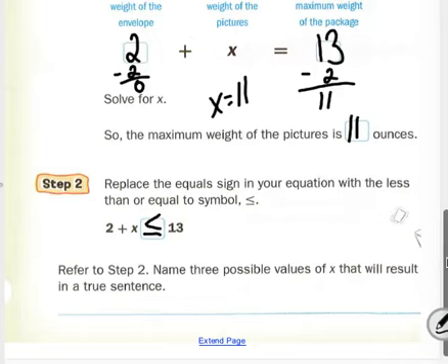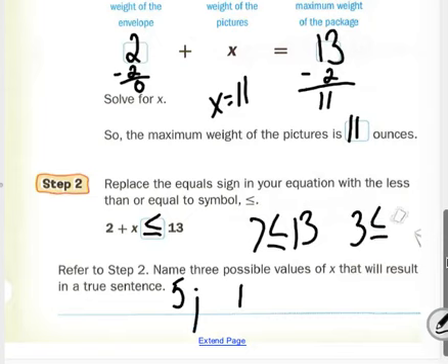For example, we could say that 5 would make that true. 2 plus 5 is 7, and 7 is less than or equal to 13, so that's true. How about the value of 1? We could say 2 plus 1 is 3. 3 is less than or equal to 13. So those would both make this a true statement. So this is how we can say we have multiple numbers that represent the value of X, which is a little bit different than when we were doing equations.